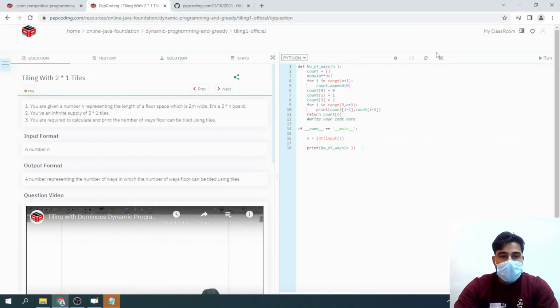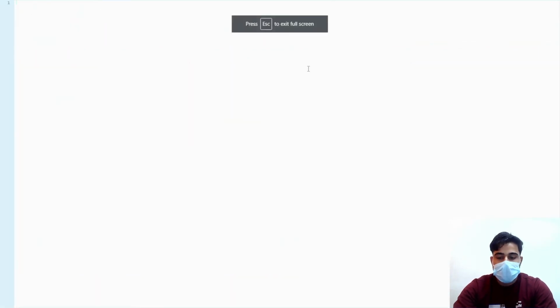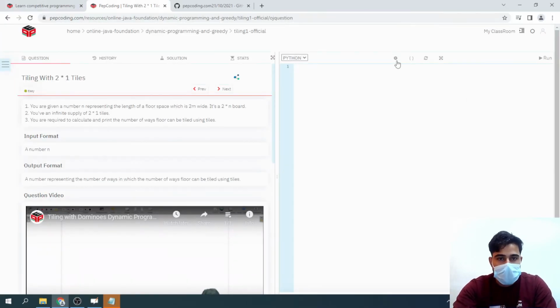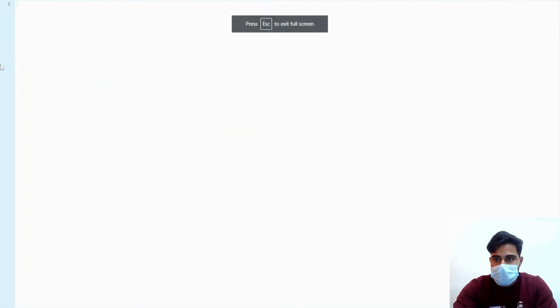So here we are on the Pepcoding portal. At first, we will create a main function here. Let me increase the font size at first, just because it is quite invisible to you. I hope that this time it will be visible to you.